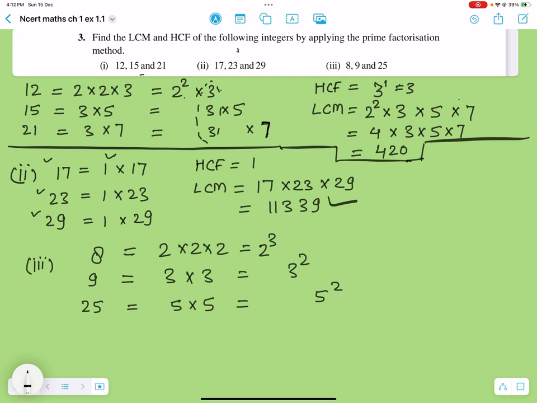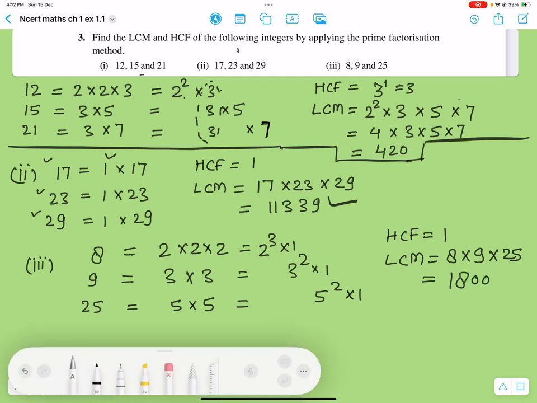So we clearly know this is also, we can write it down like this. So HCF will be 1 and LCM will be 8 multiply 9 multiply 25. So that's your LCM, and that LCM will become 1800.